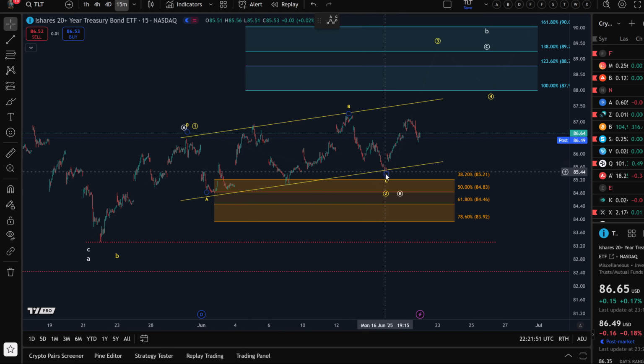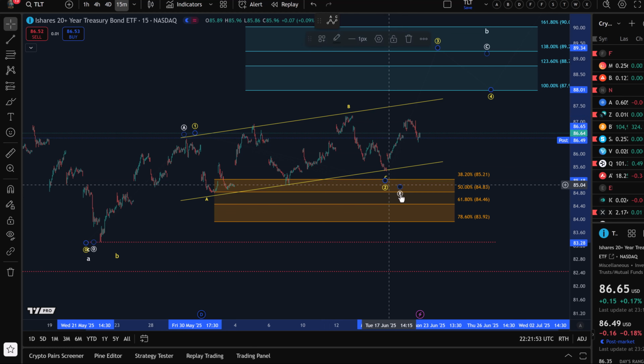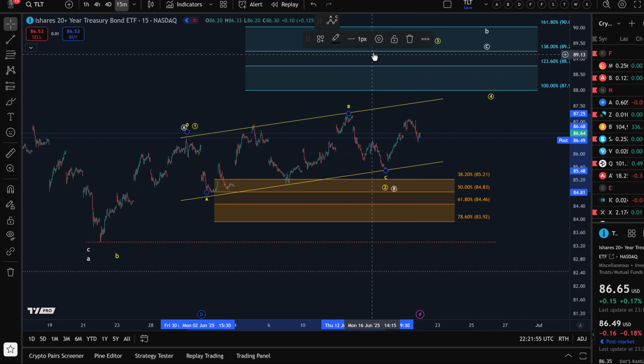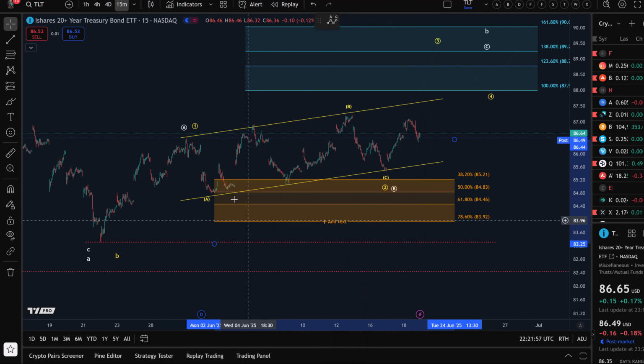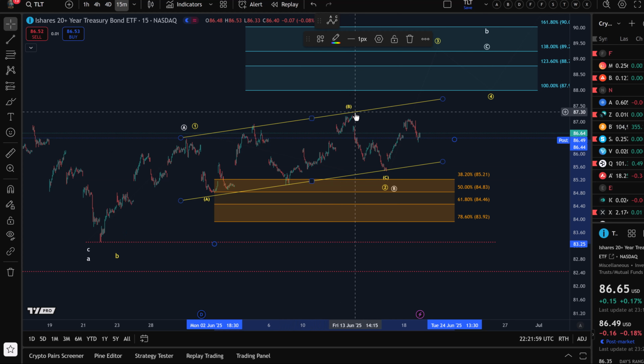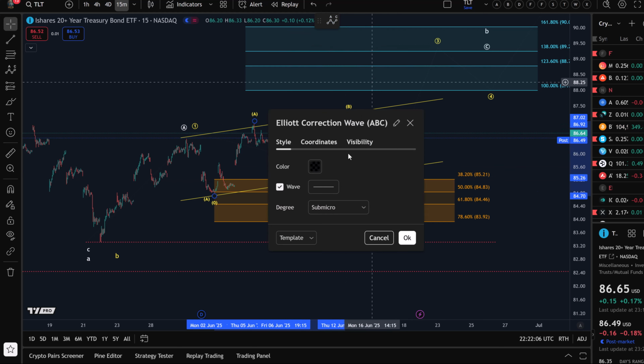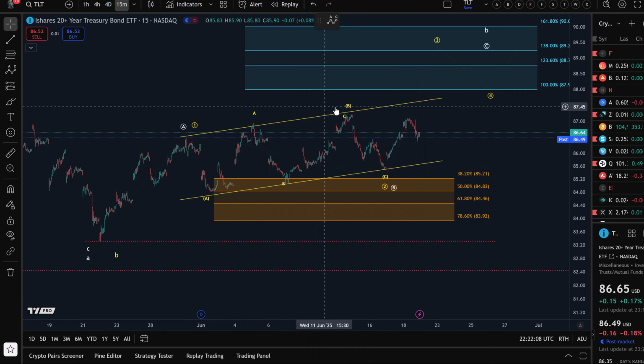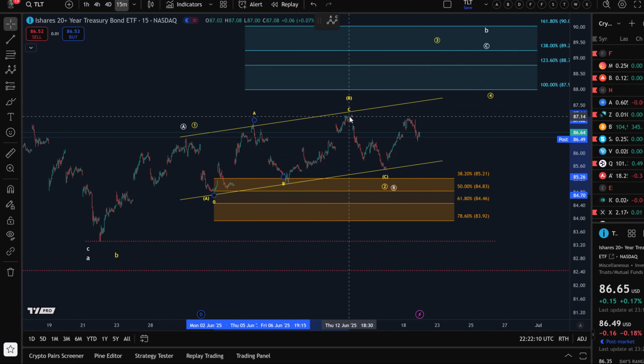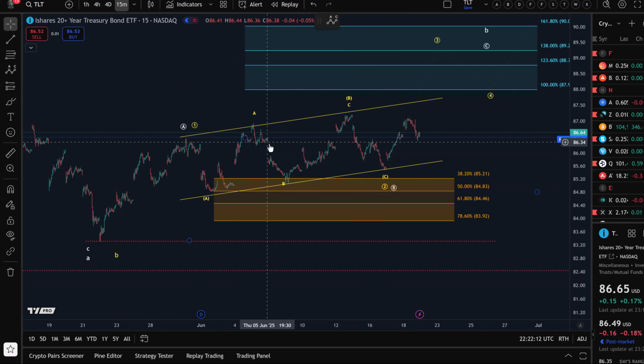This was a 5-wave move down in wave C as well. And there's no need for the C wave to dip below the low of the A wave, not if the B wave overshoots. So the B wave itself is a 3-wave move, A, B, C. So that's how I'm tracking this.